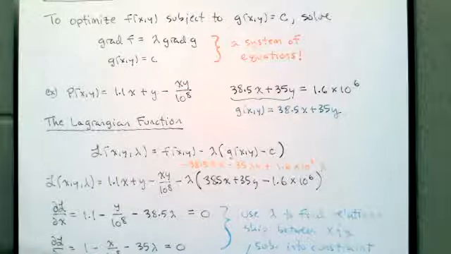Then we take a step back and remember what the gradient represents. The gradient represents the direction of maximum increase. And so we want the gradients, the directions of maximum increase, to point in the same direction.